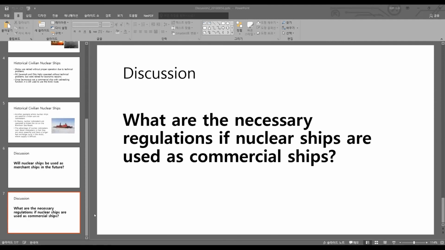So another problem is that we need regulation for it. What are the necessary regulations if nuclear ships are used for commercial ships?